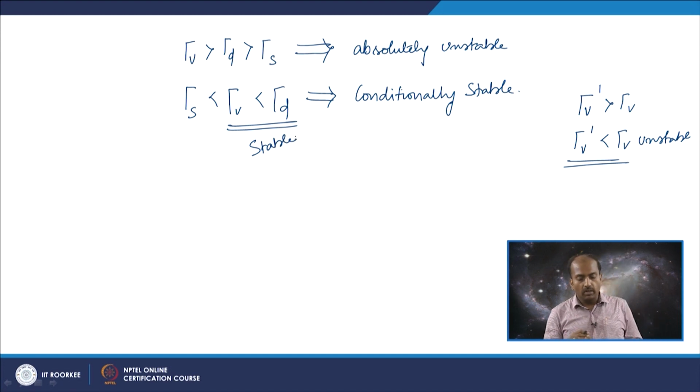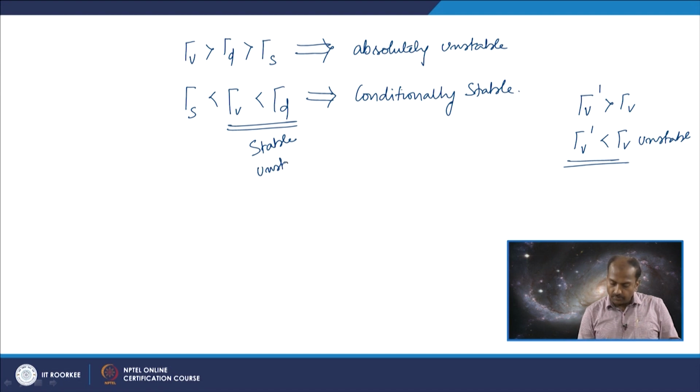If you have an air parcel such that its lapse rate is less than the virtual lapse rate, then it is stable. So, this air parcel is stable for unsaturated parcels, and at the same time, if you break the conditions into two, it is unstable for saturated parcels.